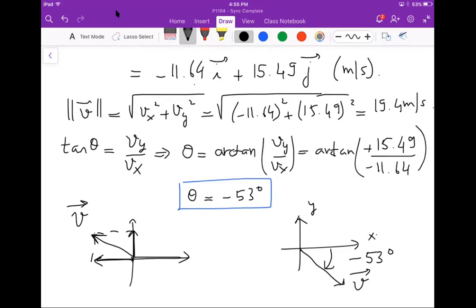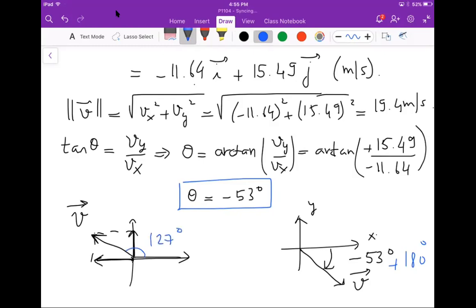In order to get the correct direction of this velocity vector, you have to add to this minus 53 degrees 180, so you have to add to it pi basically. And if you add to it pi, you end up with the correct angle, which is 127 degrees.